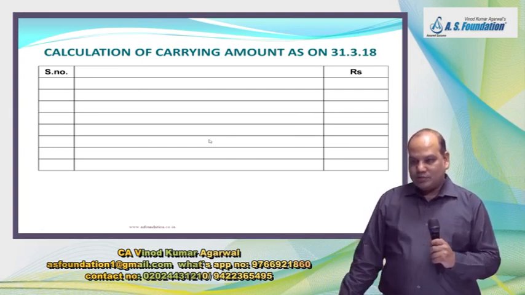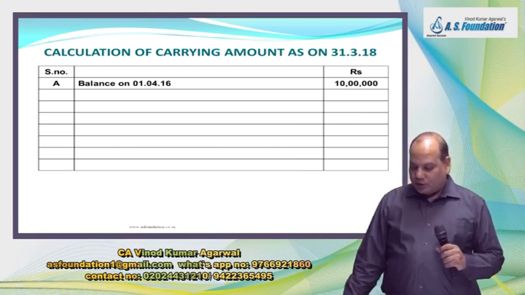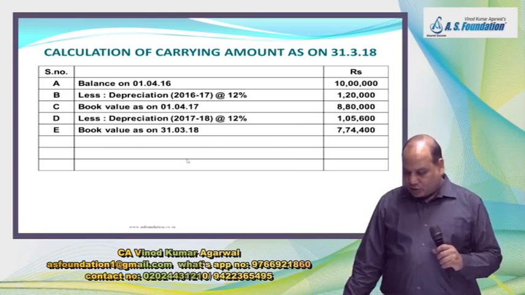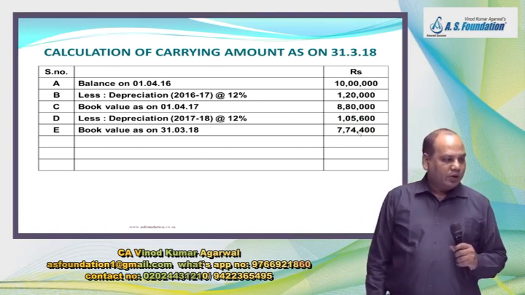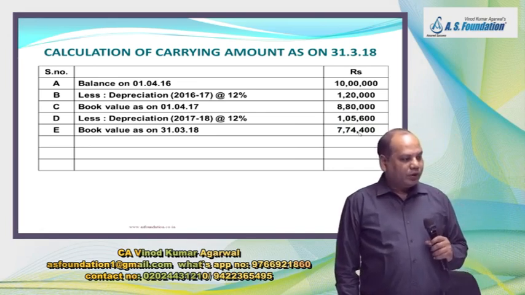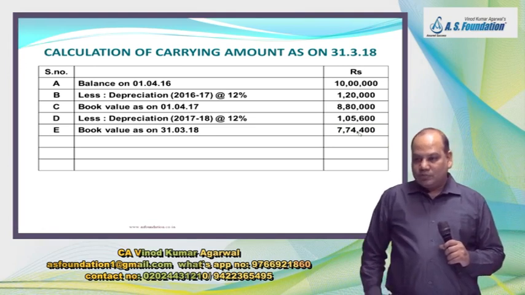So how much is that? Write down carrying amount before impairment loss. Check the answer. Is it 7,74,400? In brackets write before impairment loss. Have you reached 7,74,400?